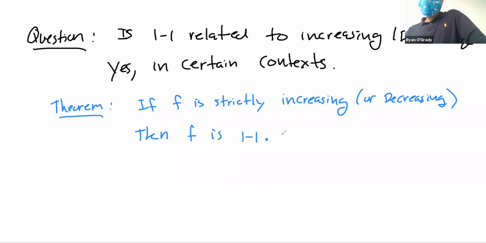Now, notice that this is an if-then. You might ask yourself, does it work the other way? Does one-to-one mean increasing or decreasing? That's a good question I would ask you to think about. All right, so we'll let you think about that. That's a good question.